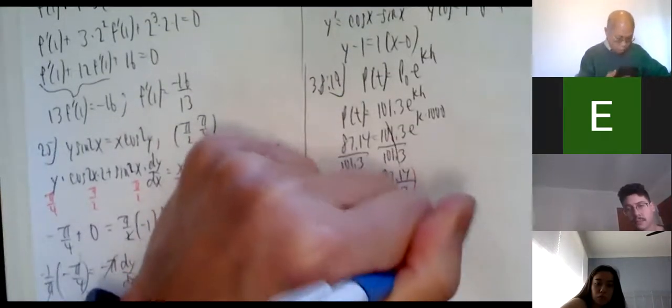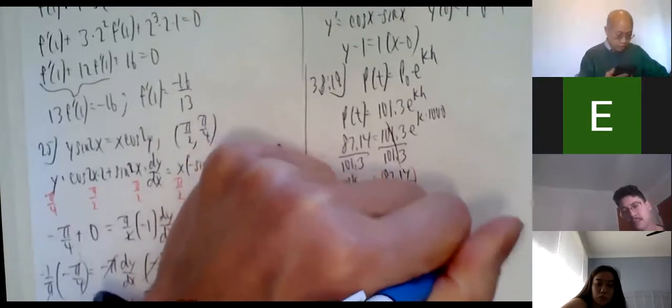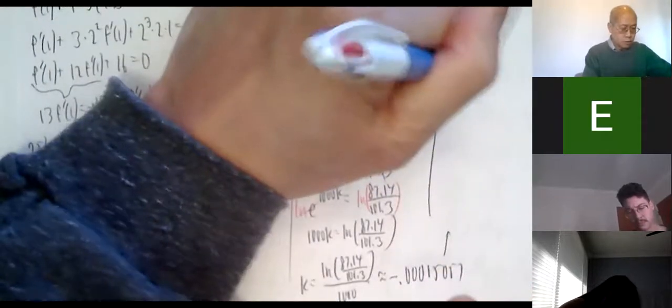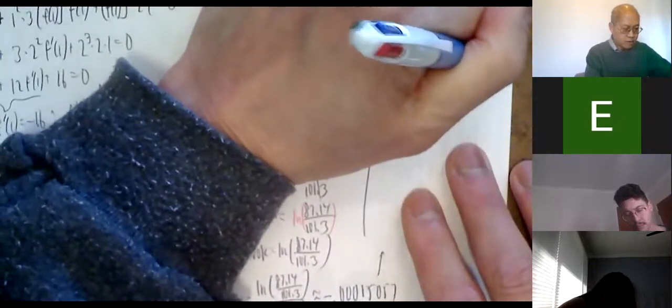So negative 0.0001557. Squeeze that in here. So P of t is equal to 101.3 e to the negative 0.0001557t.